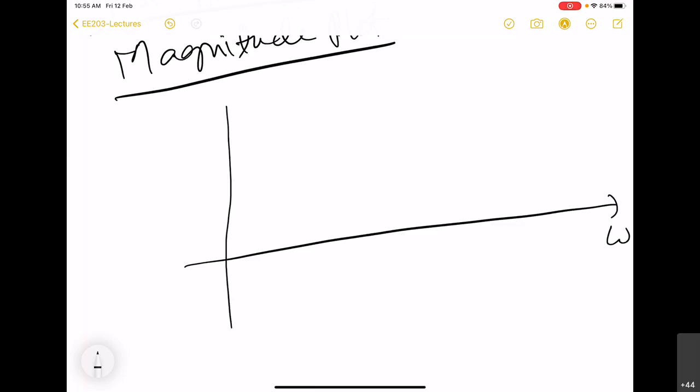So here we will have to mark all those important frequencies, which is 5 and then 500.